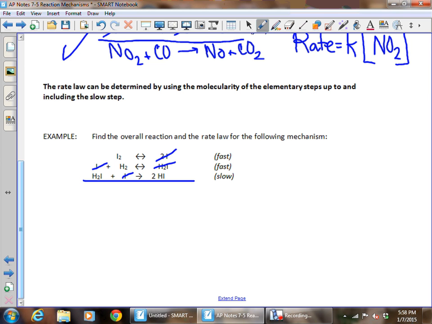And it looks like H2I can cancel as well. So both of those appeared as products in the reaction and then got used up. So hopefully you would agree that both I and H2I are intermediates.